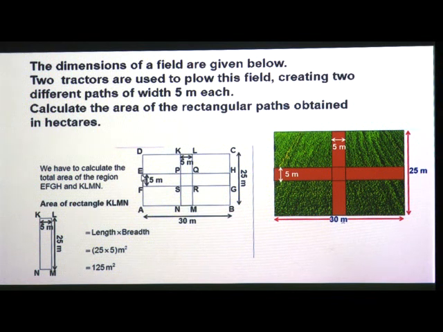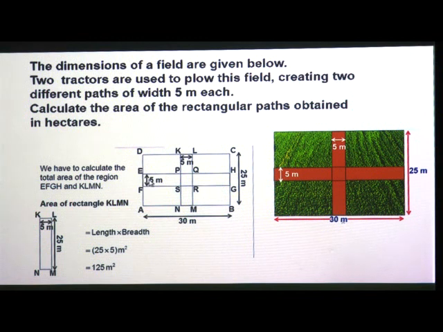Is the area of EFGH the same as KLMN? No, because here the length is different, but the breadth is the same. In EFGH, the length is different, the breadth is 5 meter only.